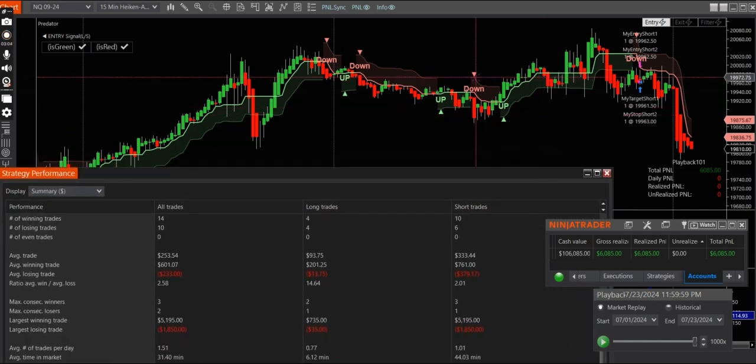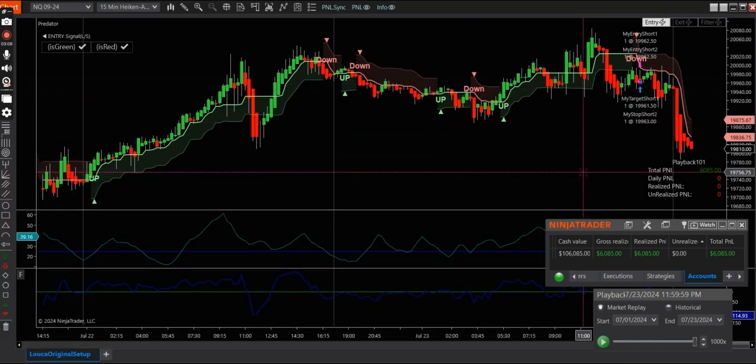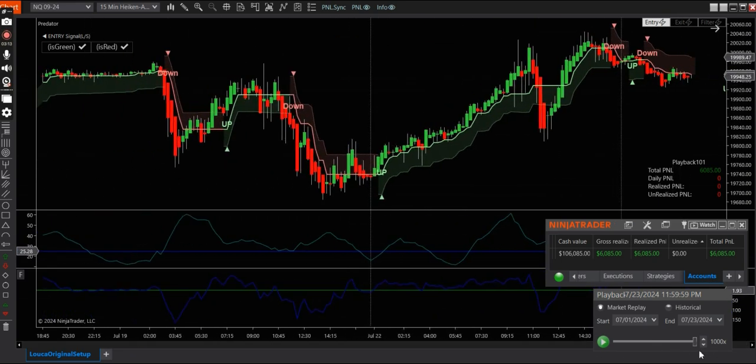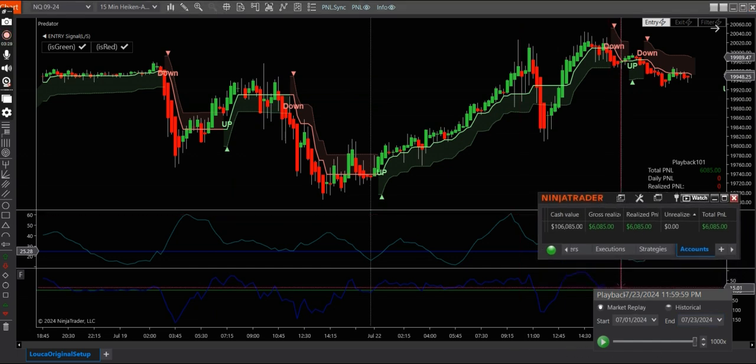But I've got to figure out why it didn't take these trades. Let me minimize this and go across. Once it detects these signals, it's supposed to take trades here. So this would have been a good trade here, here, and here. And it doesn't take every single trade. I'm not sure why.